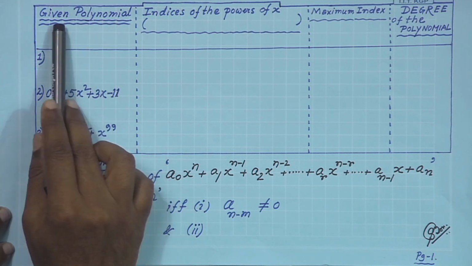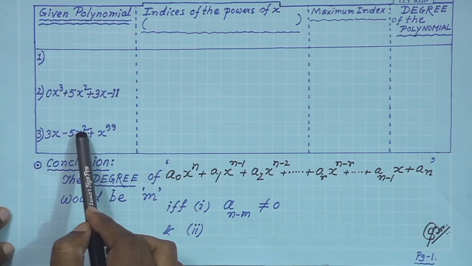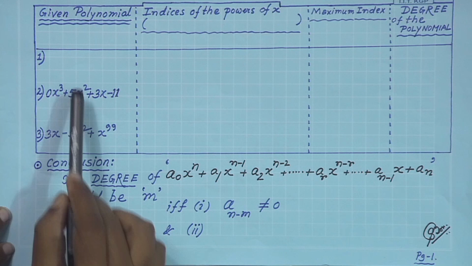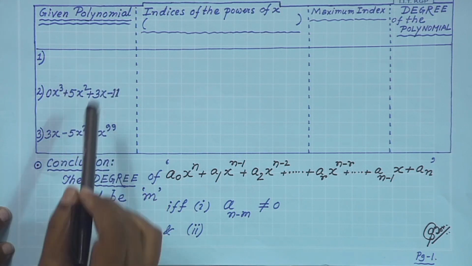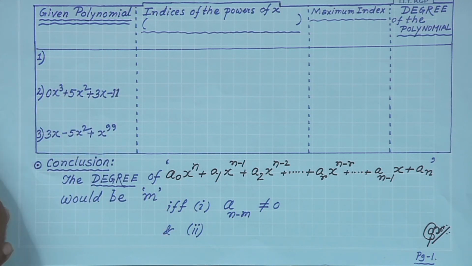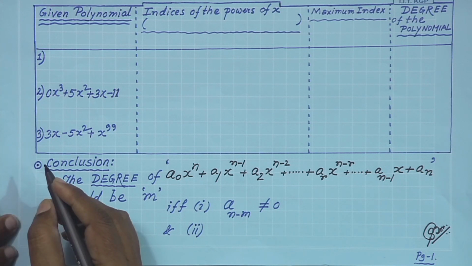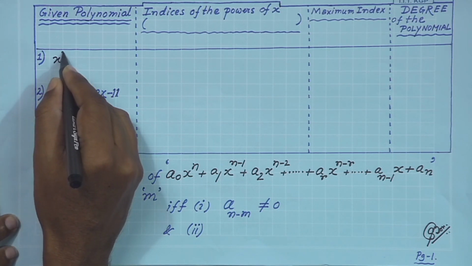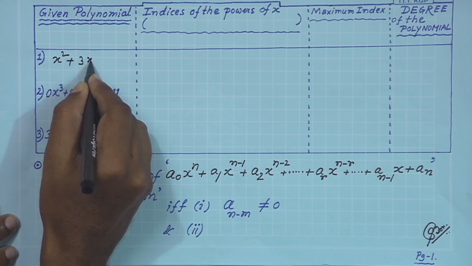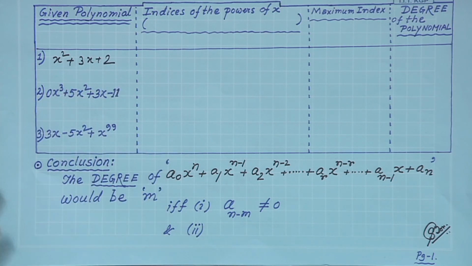Some given polynomials are written here. The first space is kept blank. Supply me a very easy polynomial of degree 2. x square plus 3x plus 2.